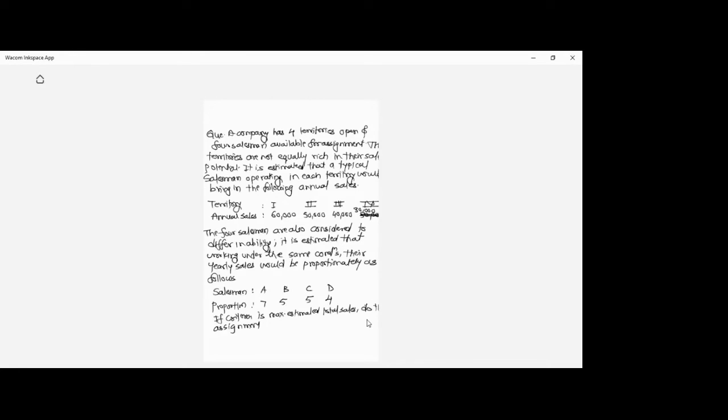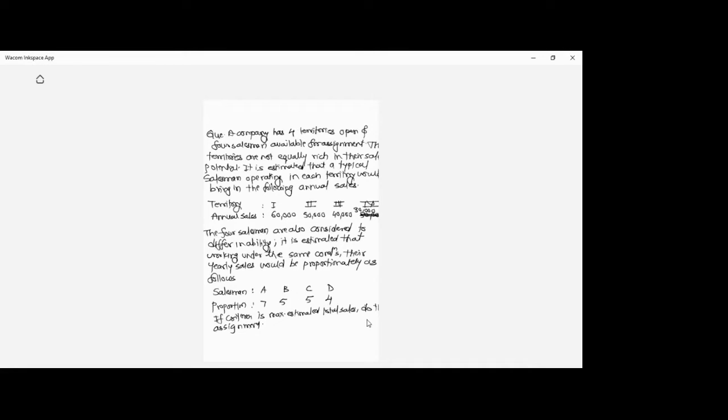Such a simple thing that they have given. So we have the criteria as the maximum estimated total sales. Now let's understand this numerical, and then we'll be talking about it while solving.